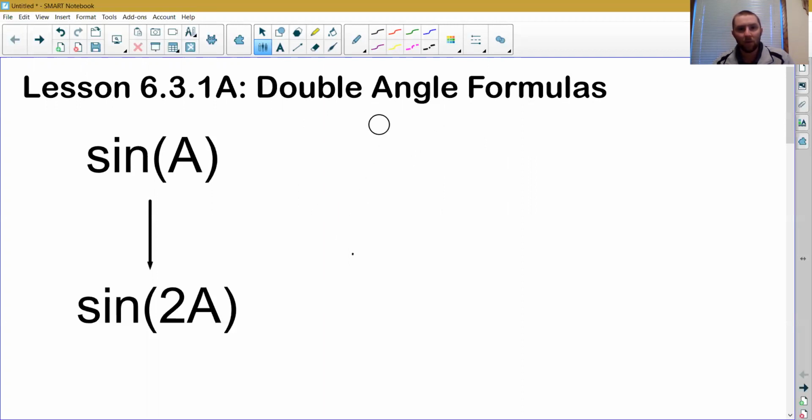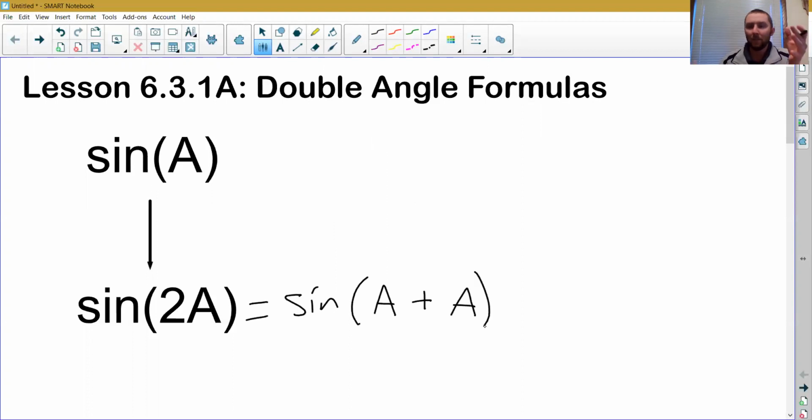I'm going to rewrite the sine of 2A as the sine of angle A plus angle A. Angle A plus angle A together makes 2 angle A's, but in this form, this is now the sine of 2 angles added together. They just happen to be the same angle.